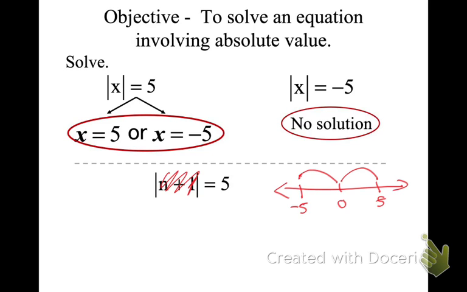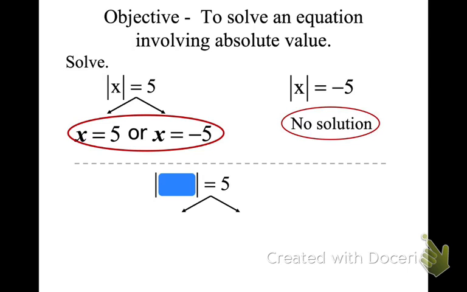So we have 2 possible answers. So once we get the absolute value alone, we're going to branch it into 2 solutions. Set one equal to the positive 5 and one equal to the negative 5. And then we actually solve it.